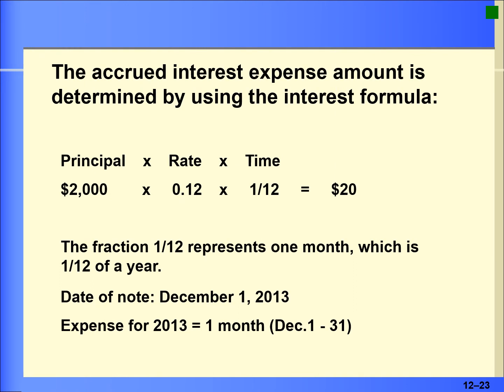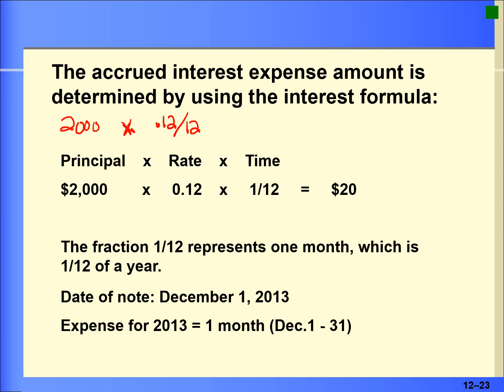So again, here's our calculation, and I like to do this a little bit differently. So up here I'm going to write how I'd write this out. I would take the principal, which is $2,000, multiply that by the interest rate, and because the interest rates are always annual interest rates in the accounting problem, interest rate's 0.12, I like to divide that by 12 for 12 months in a year, and that tells you that that's my interest rate per month.